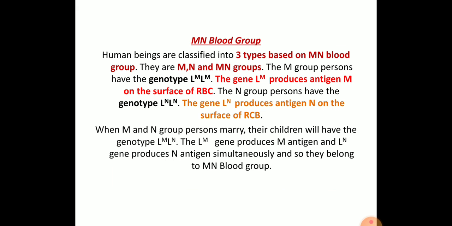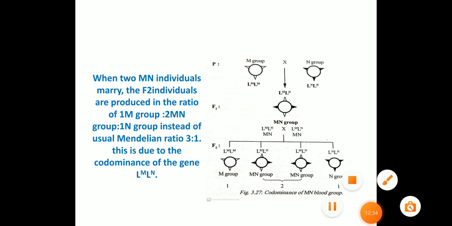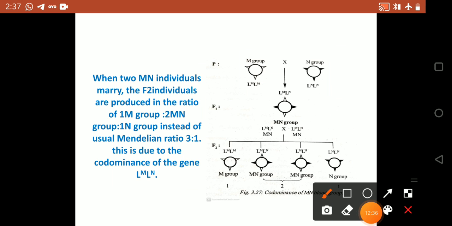So the M group will have L^M and L^M, and the N group will have L^N and L^N. That leads to the formation of Mn, which has L^M with L^N.